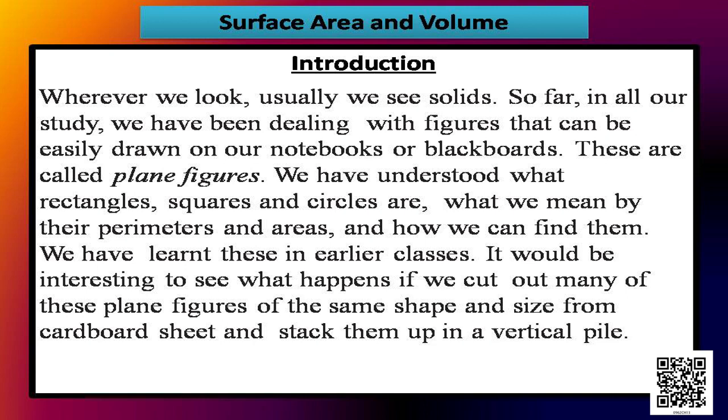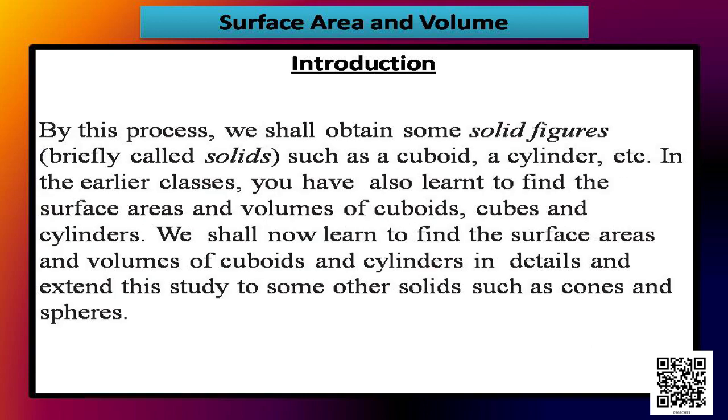It would be interesting to see what happens if we cut out many of these plane figures of the same shape and size from cardboard sheet and stack them up in a vertical pile. By this process, we shall obtain some solid figures, briefly called solids, such as a cuboid, a cylinder, etc. In the earlier classes, we have also learned to find the surface areas and volumes of cuboids, cubes and cylinders.